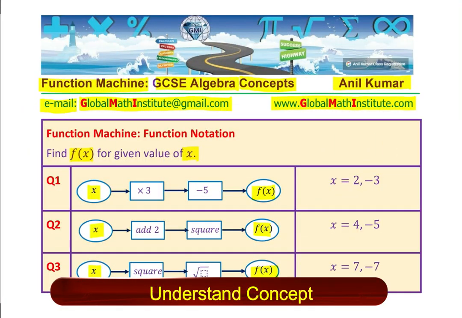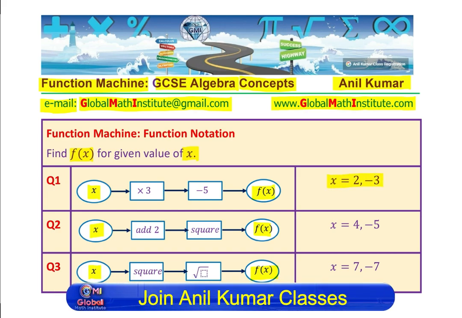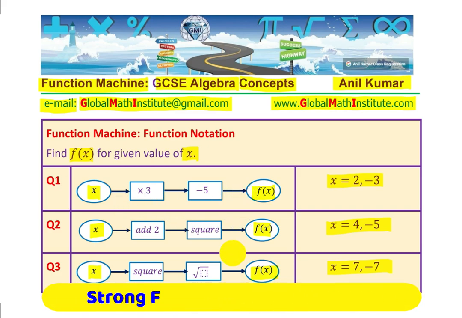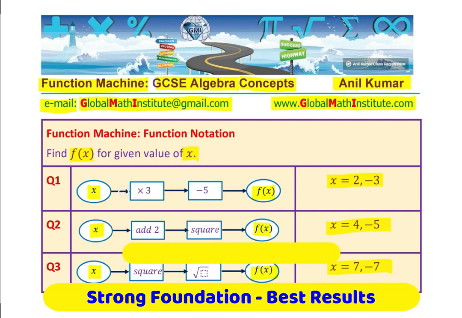Now let's try to understand the solution of this particular question. The question here is, find f of x for a given value of x. We are given the values of x on the right hand side: x equals 2, minus 3, for example, for the very first function machine; x equals 4, minus 5; x equals 7, minus 7; and the flow diagram is given here. As you can see, a function machine is a set of operations performed on the input.